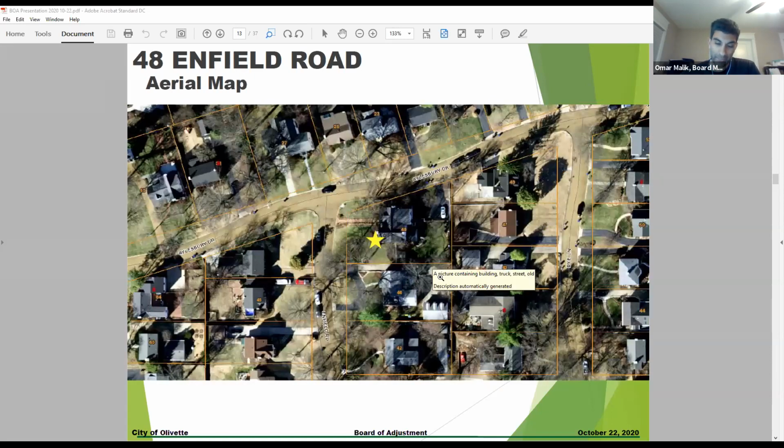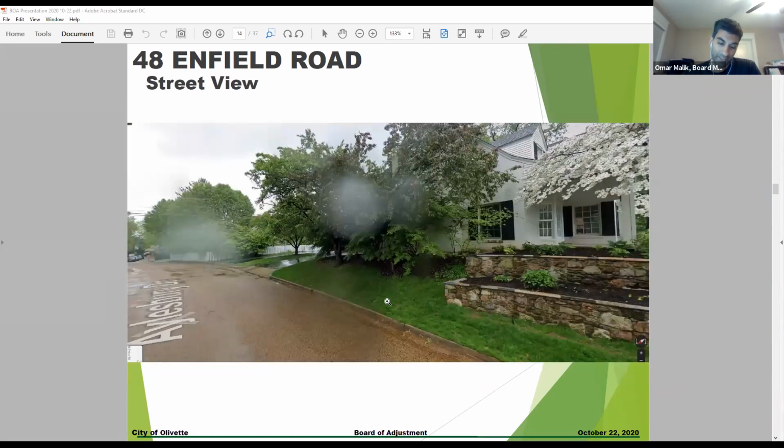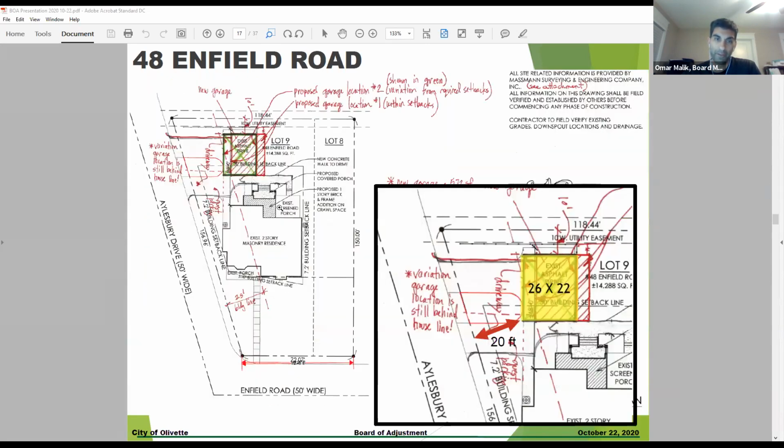It is an oddly shaped lot, or maybe not that oddly shaped, but it's not a true rectangle. So it seems that because of the way the lot is shaped, that's why we're having that encroachment over the setback line. Is that not accurate, or tell me if I'm off base?